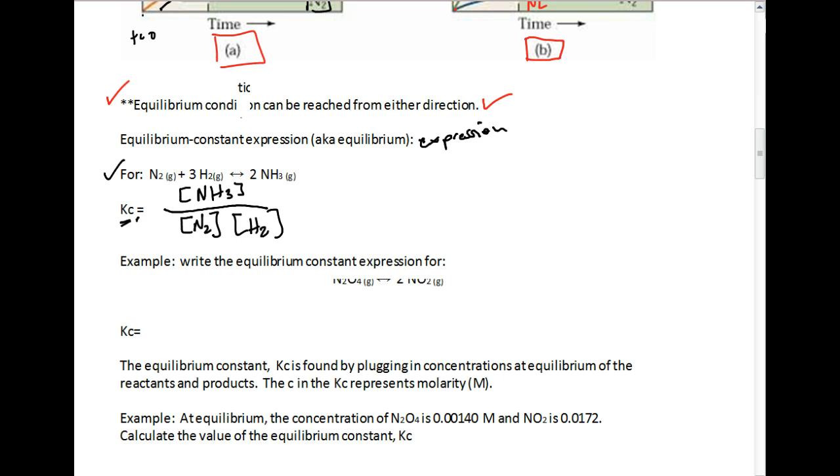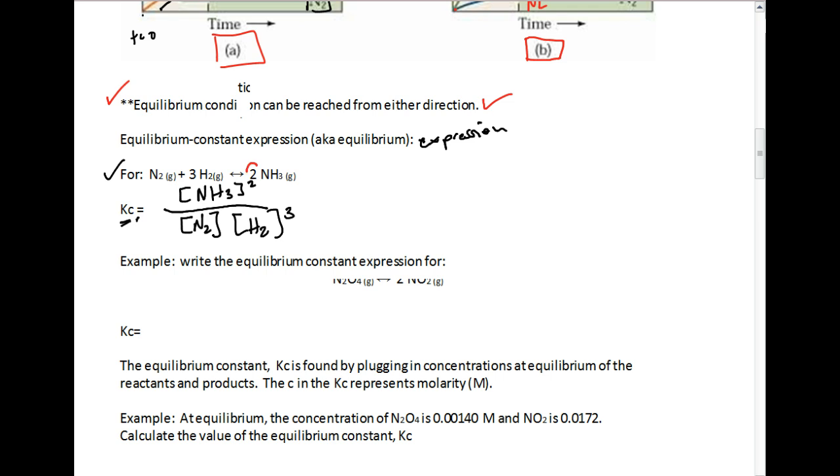Now, in kinetics, we always determined orders and how we raise things to a power experimentally. But in equilibrium, we raise each of our concentrations to an exponent that is equal to the coefficients in the balanced equation.